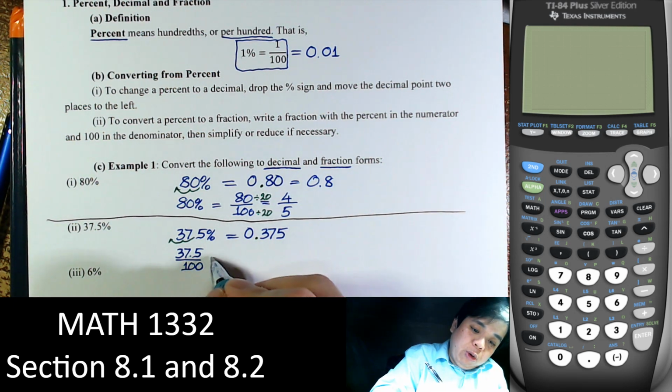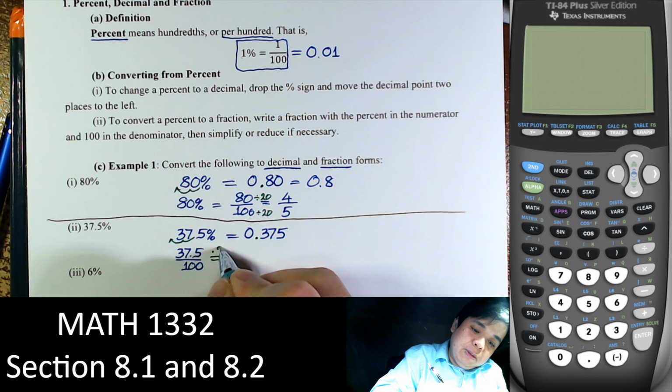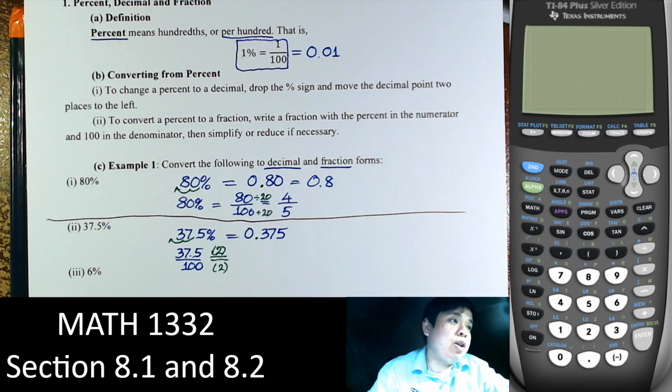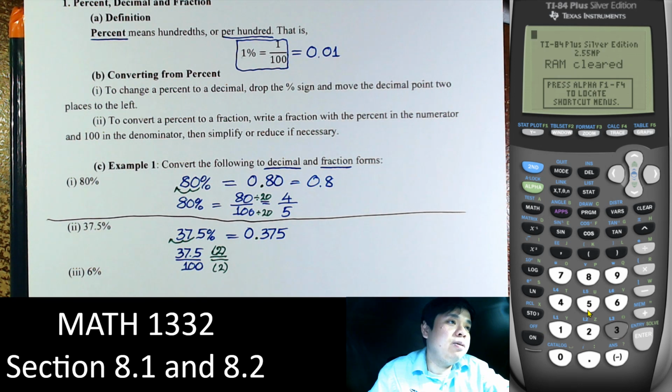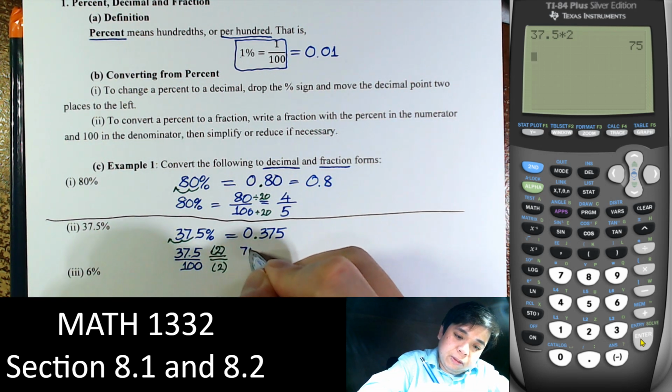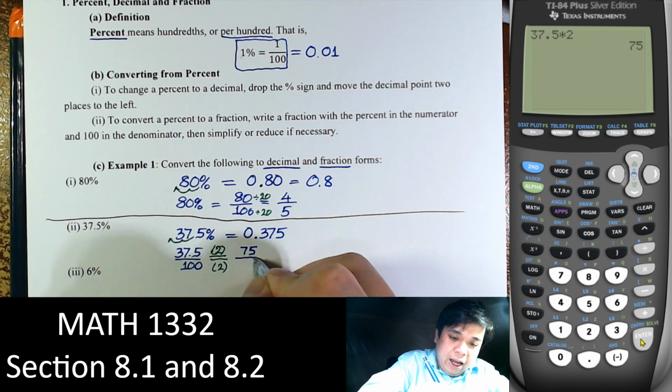So we will multiply by 2 top and bottom, 37.5 times 2. So that's 75, and the bottom is 200.